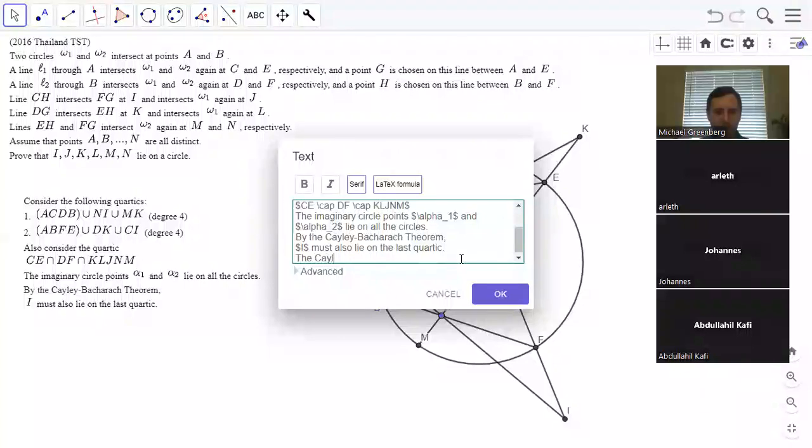So the Cayley-Bacharach theorem says if 2 quartics intersect in 16 points and another quartic passes through 13, then it also passes through the other three.